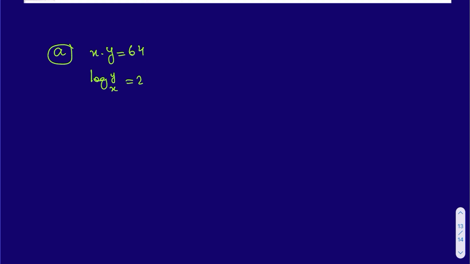Okay, then simply we can convert this logarithmic form to an exponential form. I can write it like x to the power of 2 is equal to y. Then we have got two new simultaneous equations: x times y is equal to 64, and x to the power of 2 is equal to y.